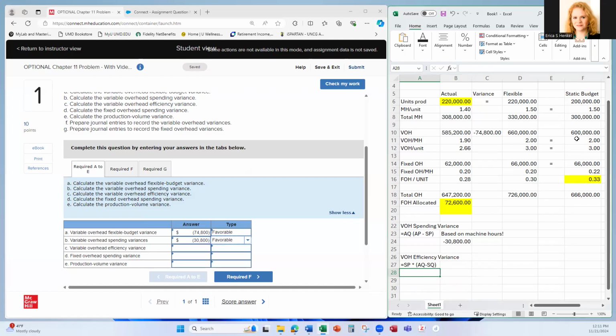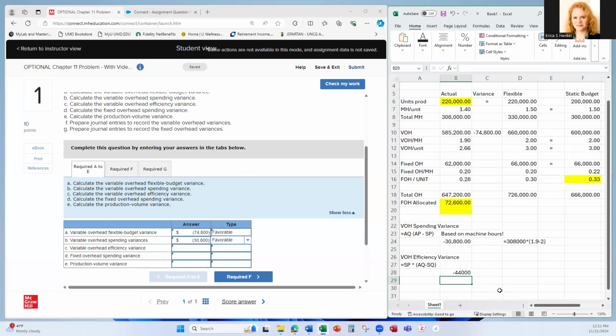So our standard price, we're going to use this same standard price we used up here. I'm going to copy this over here, by the way, just so that if you need that formula, you can see it. So our standard price was $2. So we're going to do 2 times the 308,000, which is our actual quantity of machine hours, minus the budgeted amount, which was the 330,000.